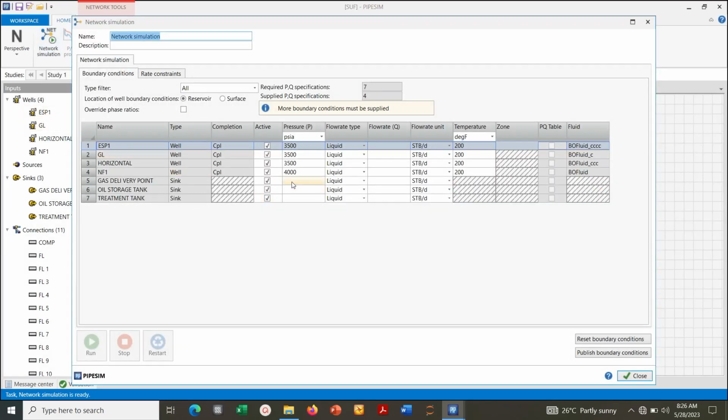So here we are going to enter the wellhead pressure to be 200, the storage tank pressure to be 200, 200, 200.